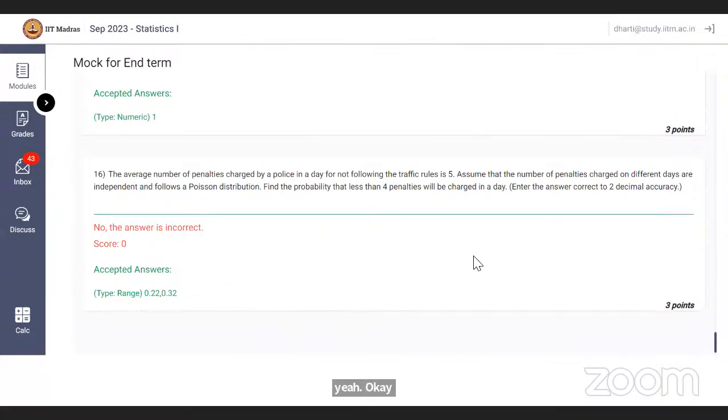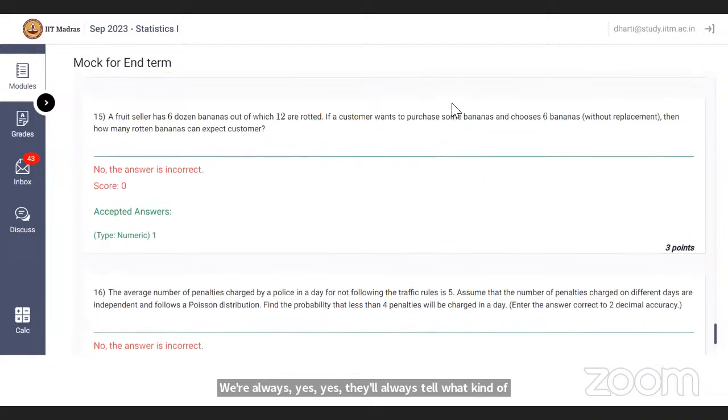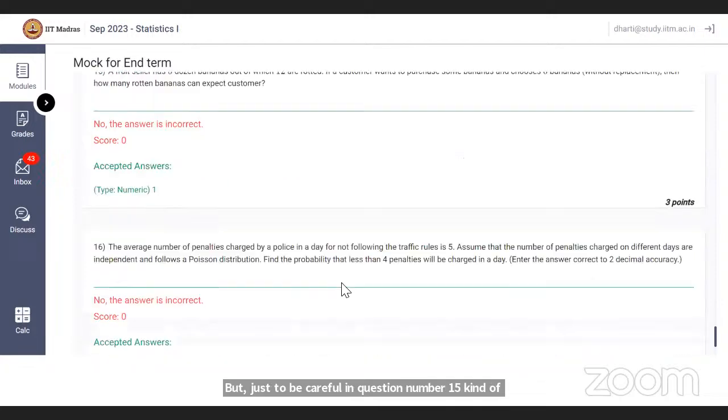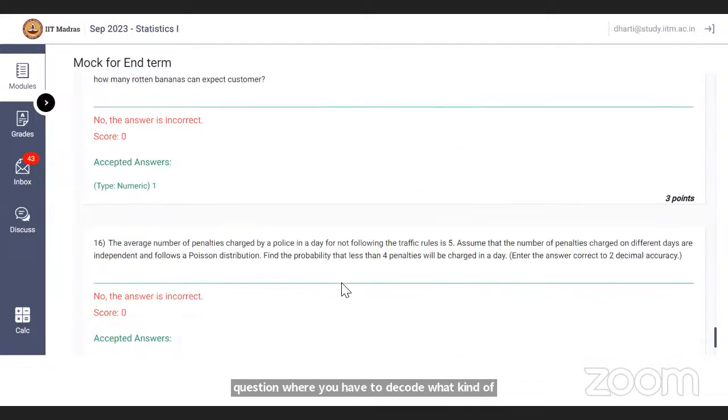Yes, they will always tell what kind of distribution X is following. But just be careful with question number 15 kind of question, where you have to decode what kind of distribution it is. It is mentioned, without replacement and with replacement, so we can judge it with that.